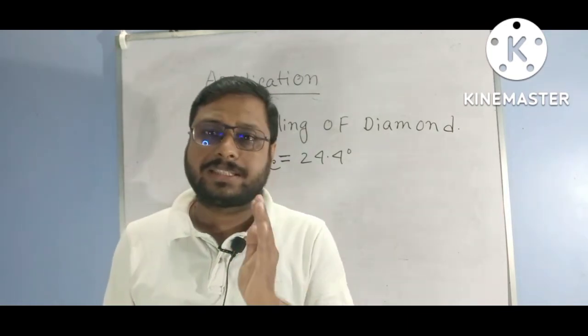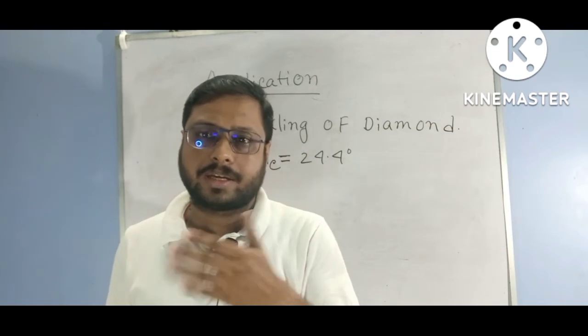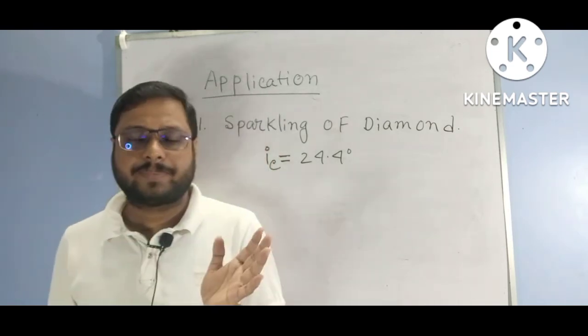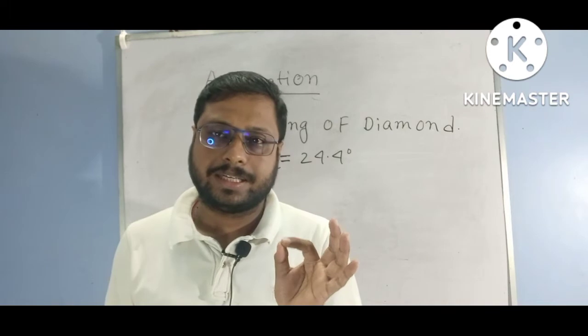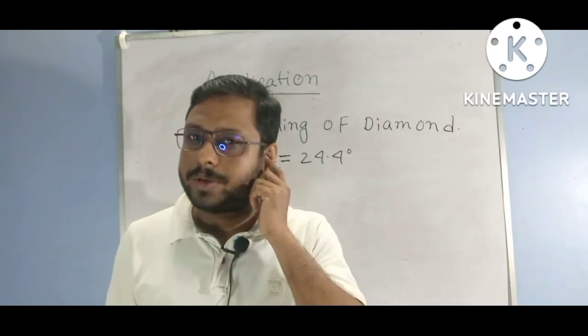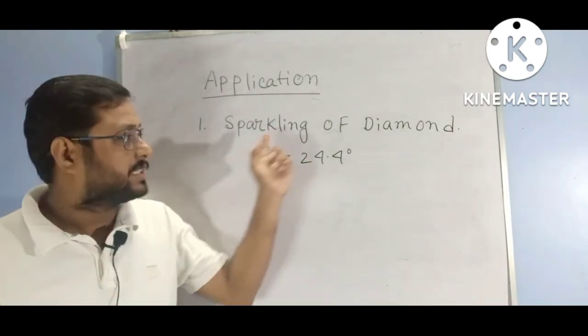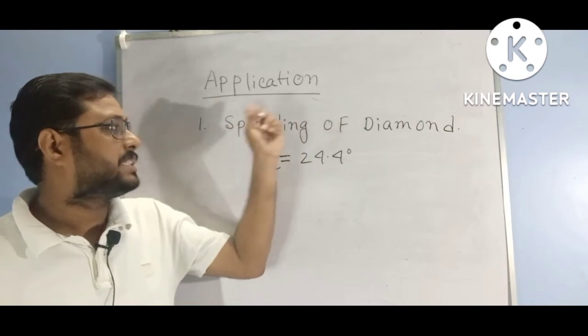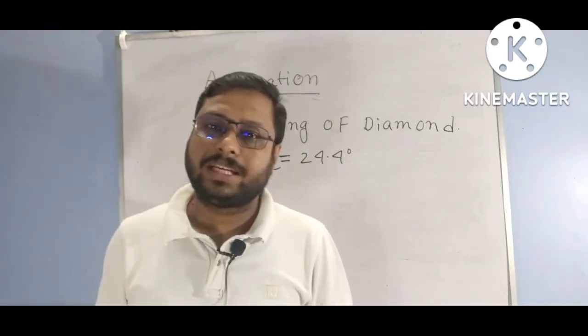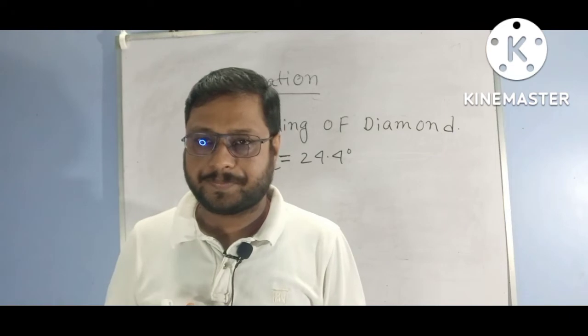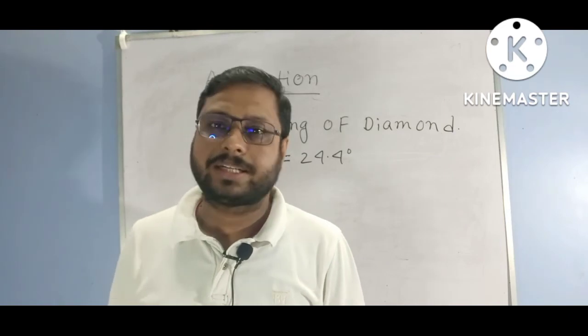But the emergent ray cannot go out from any surface. Only through certain surfaces it can go out. So the diamond is sparkling. Diamond is seen as sparkling when we see from the emergent faces. This is the case of total internal reflection.